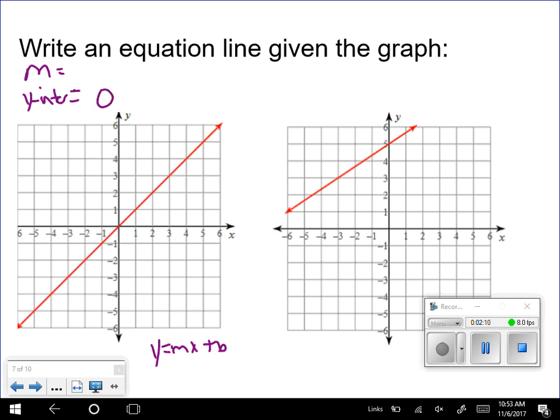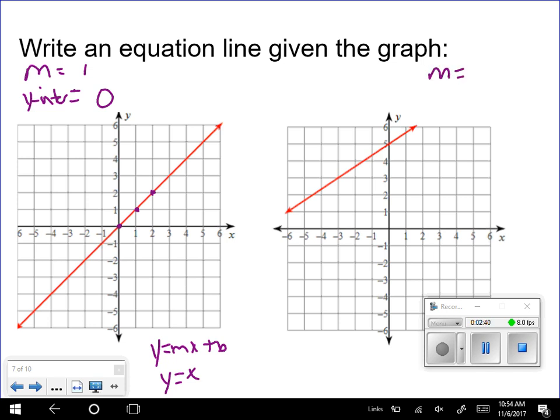It hits it at 0, right there. Then I want to figure out the slope. I could pick any other point. My slope, I go up 1, over 1. So my slope is 1. So I can write in my graph here, y equals x plus 0, or just y equals x would be sufficient because you don't really need to write plus 0.